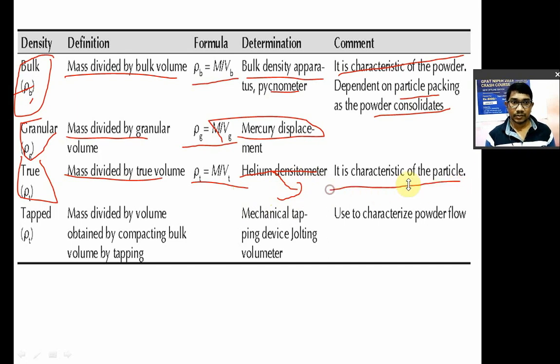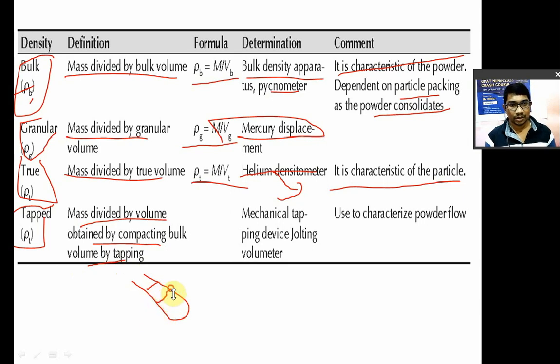Then tap density. Tap density is denoted by rho t. Mass divided by the volume obtained by compacting the bulk volume by tapping. Normally you took powder in a cylinder, and if its volume is 6 cm, then after 3 taps or 500 taps its volume decreases.